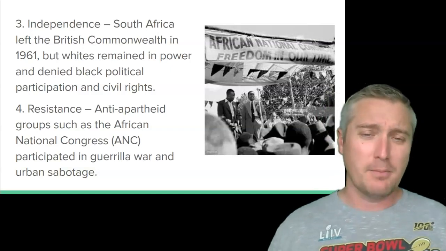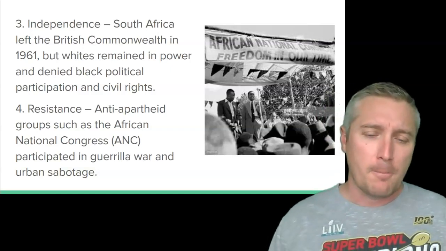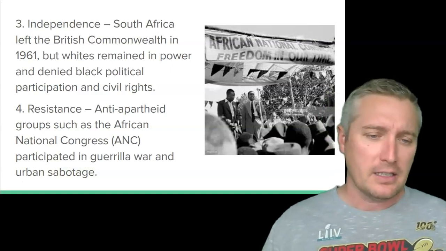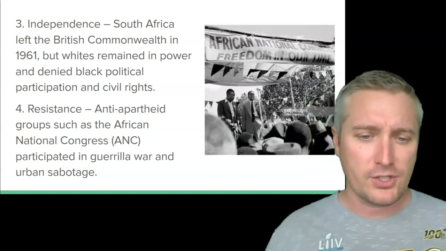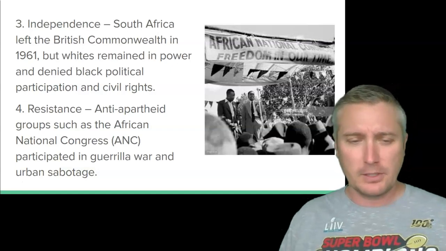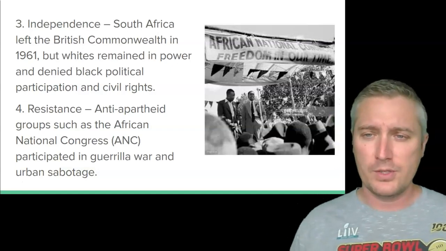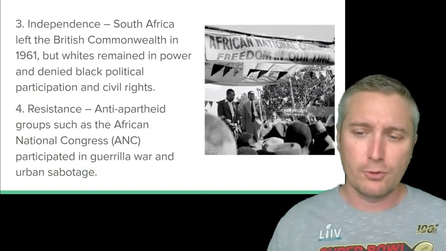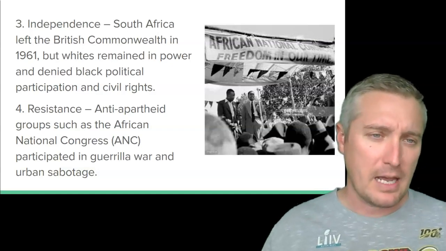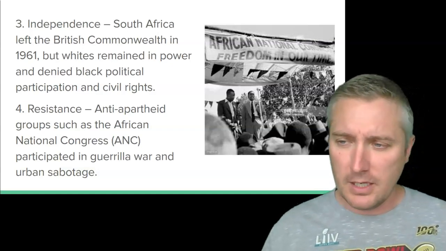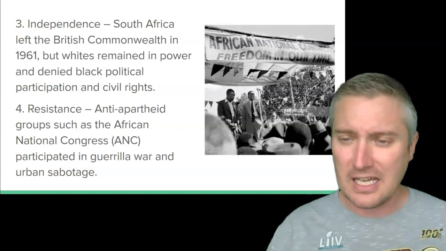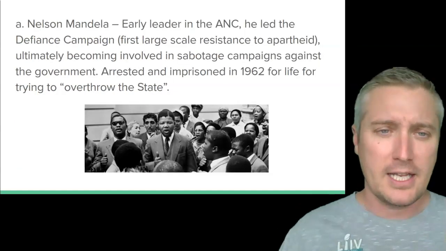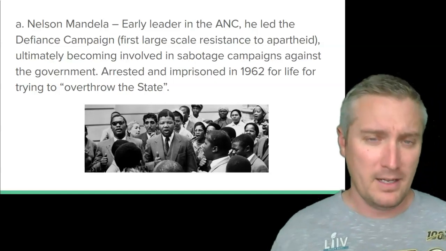Eventually, it's going to become its own political party. But we see early on, like I said, there were nonviolent means of protesting, but often it would spill over into violence. We will see incidences of guerrilla warfare, of urban sabotage, basically trying to bring down this legalized segregation and end apartheid in any way possible.